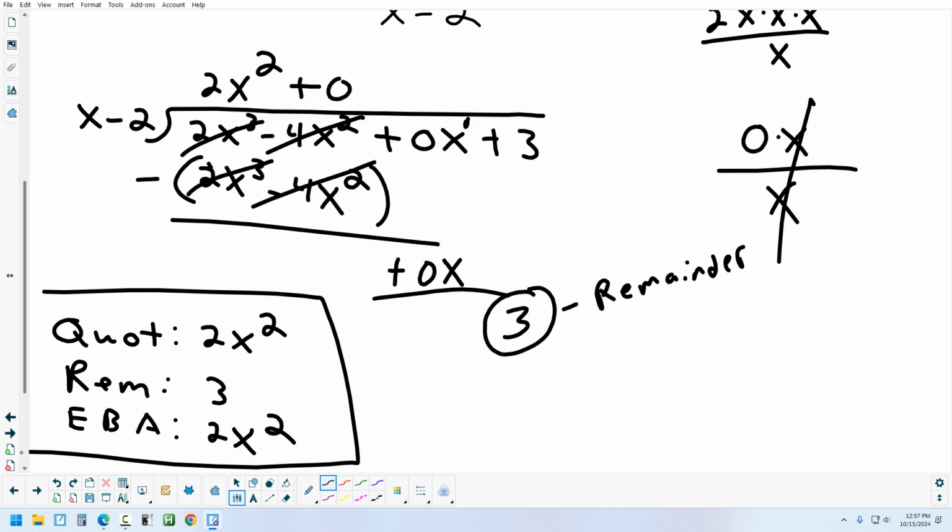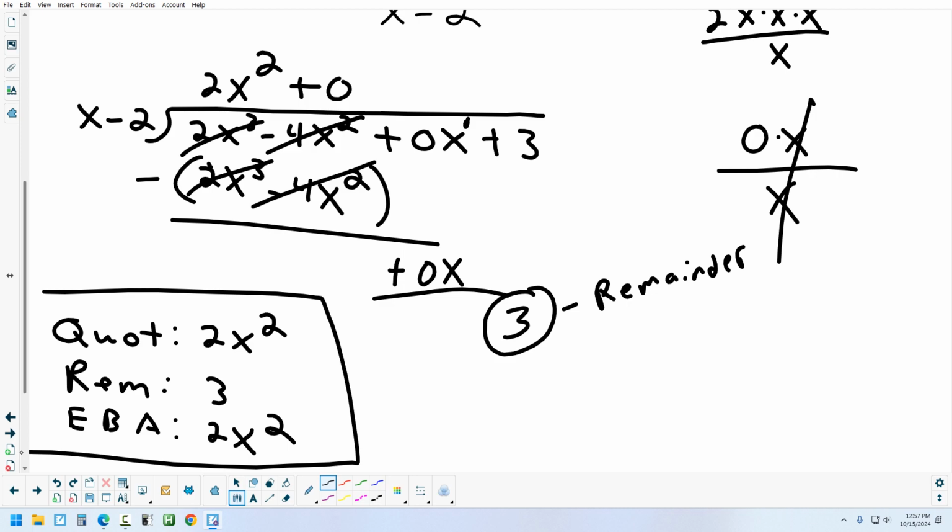But it says you're dividing 2x cubed over x minus 2, the whole equation over x minus 2. And the EBA is the quotient from the long division, which can have a lot more terms than that in it. But you didn't have to do the long division, because isn't 2x cubed minus x just 2x squared? Well, in this case, yes, I could look at it and tell that a couple things were going to cancel.